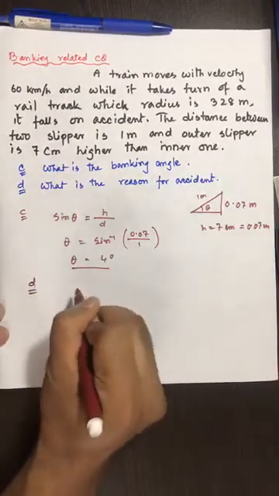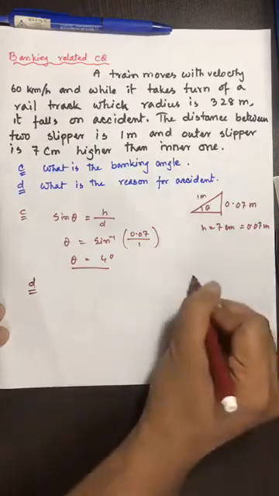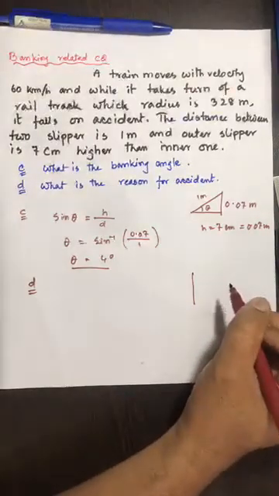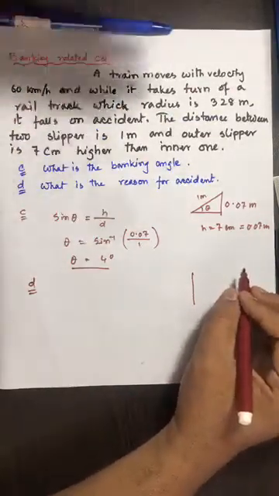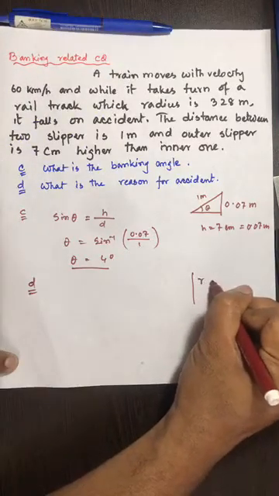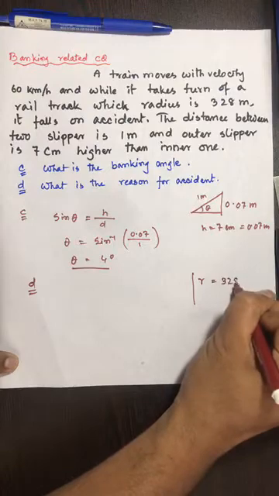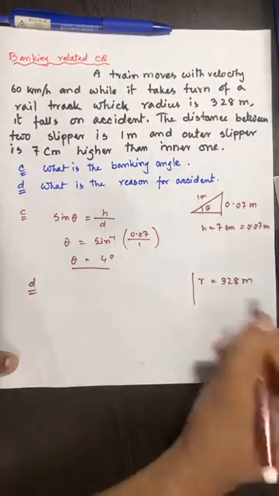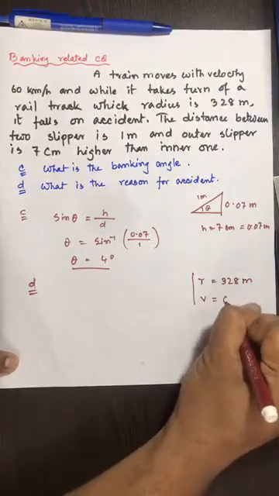Tan theta, we know that. The radius of the rail track, as it is taking a turn, is given, r equals 328 meter, and its velocity is given as 60 km per hour.